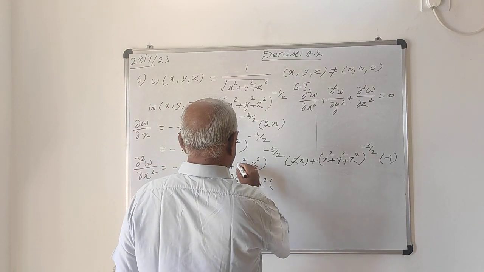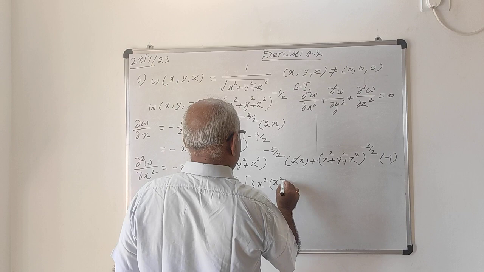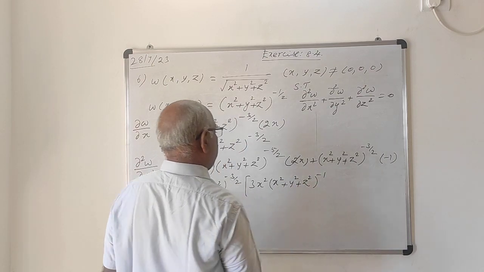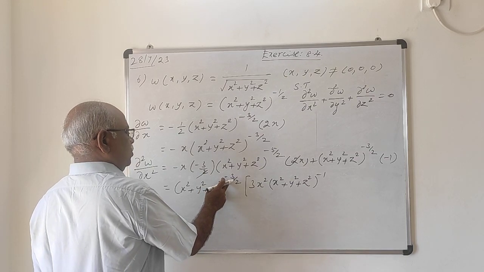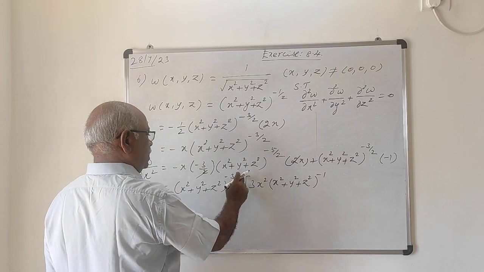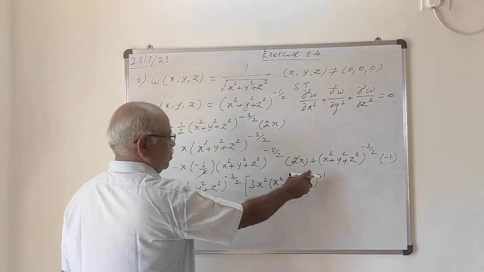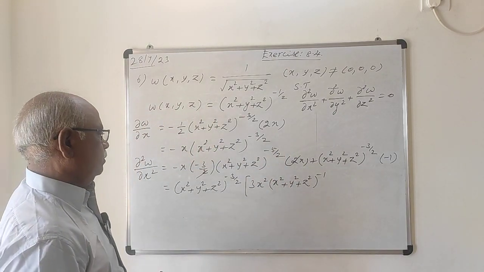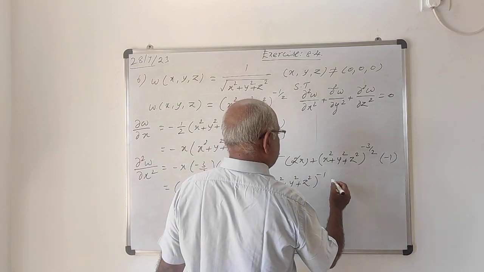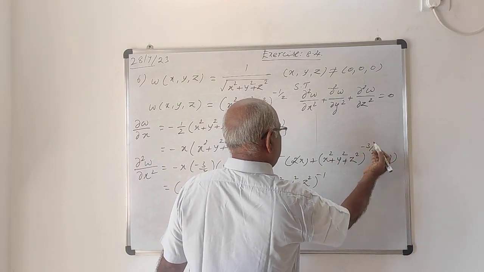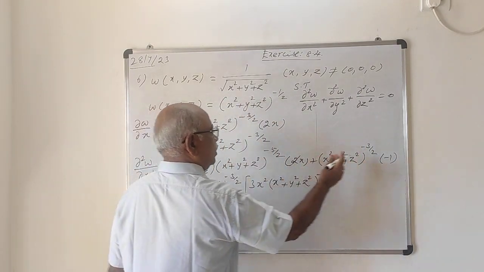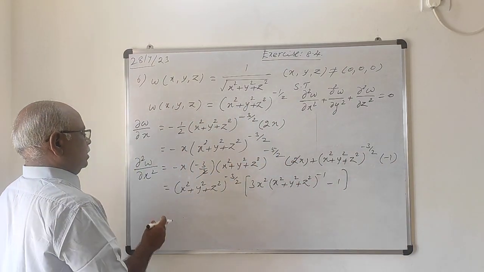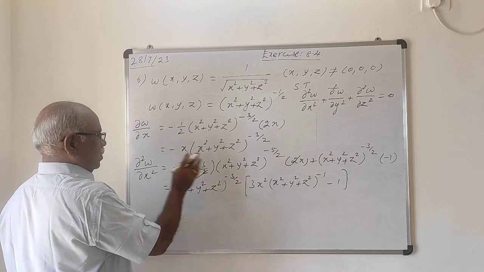And one more term is (x² + y² + z²) to the power minus 1. If I take minus 3/2 from minus 5/2 outside, I get minus 3/2 minus 1, which is minus 5/2. Therefore, you will get only power minus 1. Plus, here you can take this entire term as common, and you will get only minus 1. This is ∂²w/∂x².